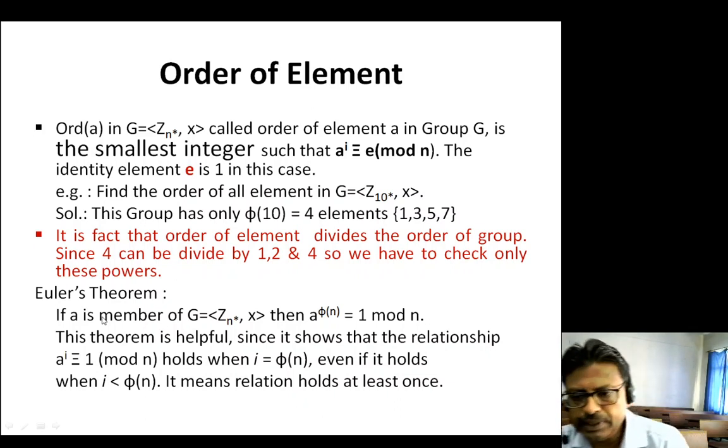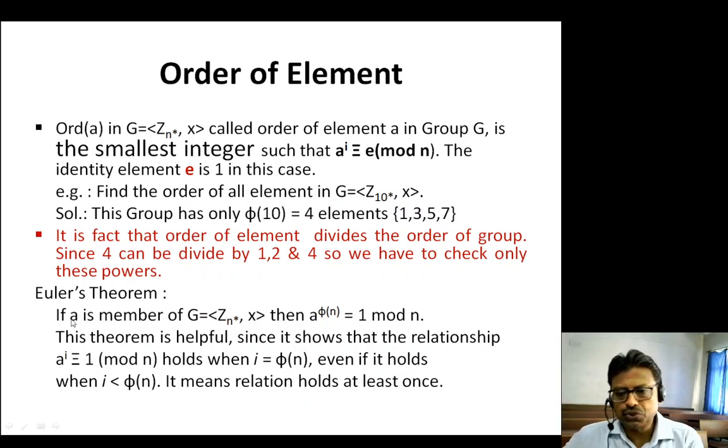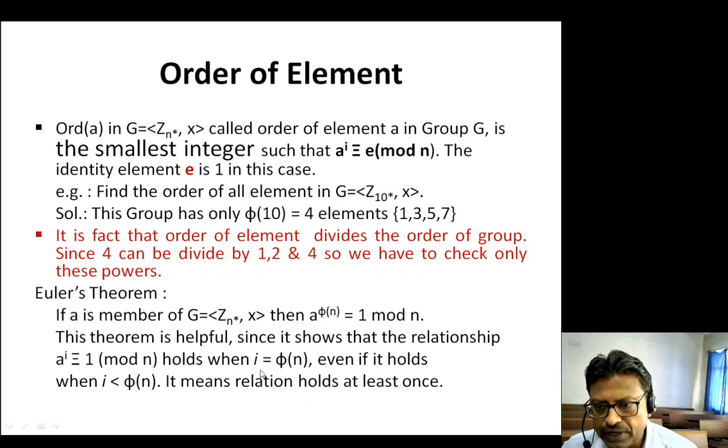To find the order of an element we also have Euler's theorem. It says that if a is a member of the group, then a to the power phi n will be equal to 1 mod n. This theorem is helpful because it shows that the relationship a to the power i is equal to 1 mod n, where e is 1, holds when i is equal to phi n.